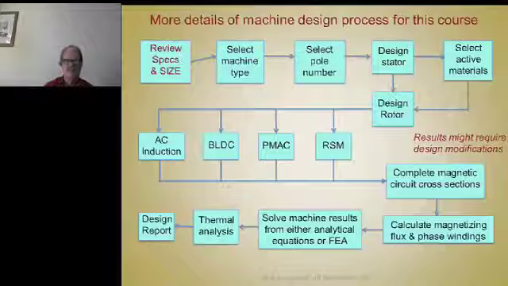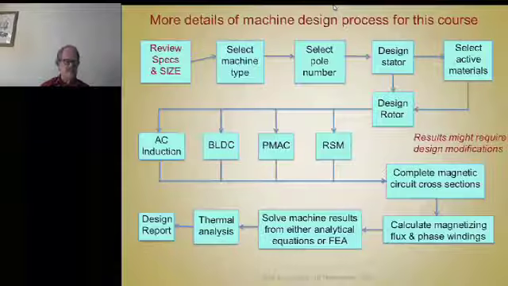None of the design theory courses you ever took, or none of the analysis you do with MATLAB Simulink on models, or none of these exercises, even circle diagrams, none of those methods decide what diameter to make the motor, how long to make it, and how big the rotor should be.